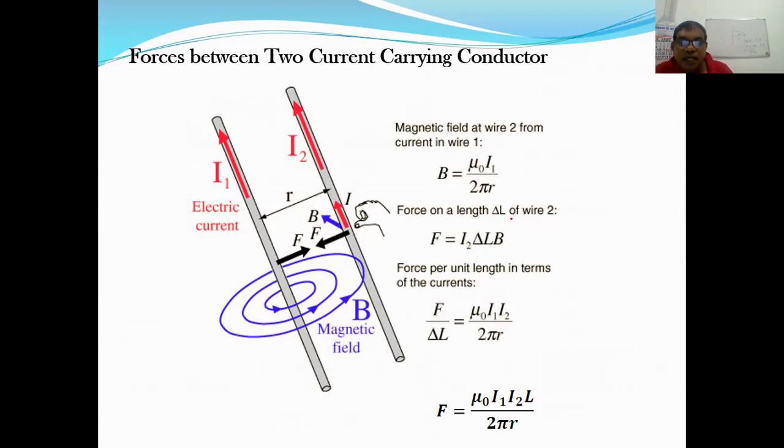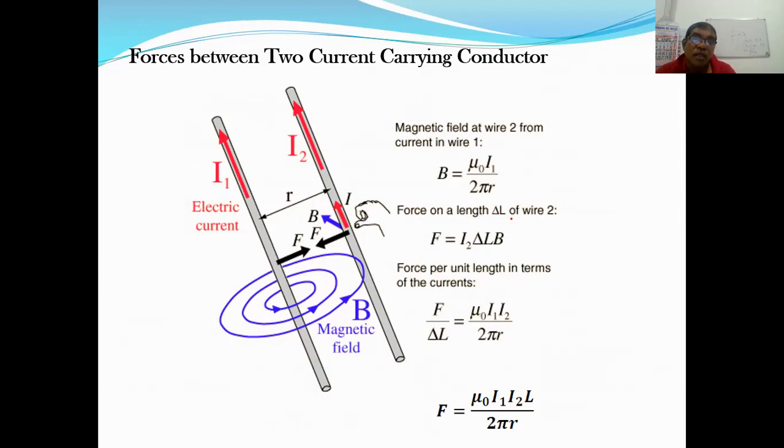So we can write F equals I2 L B, with B equal to mu naught I1 divided by 2 pi r. The force per unit length is mu naught I1 I2 divided by 2 pi r, right?